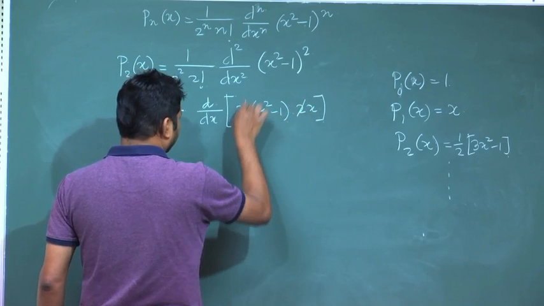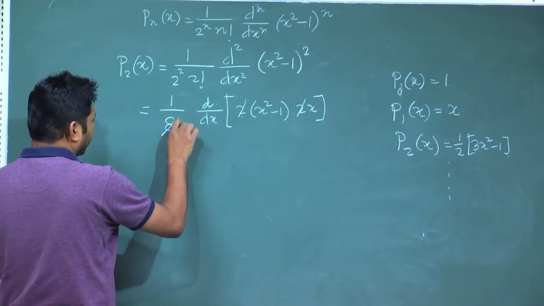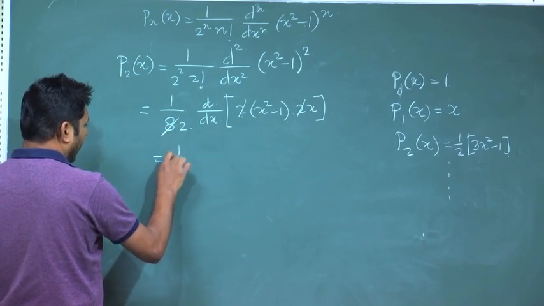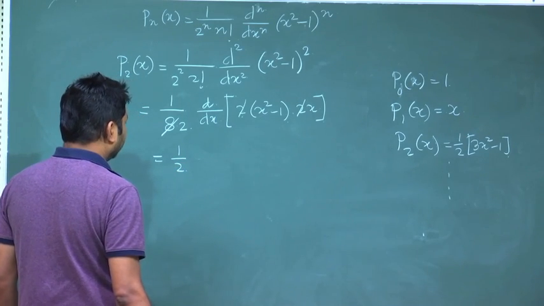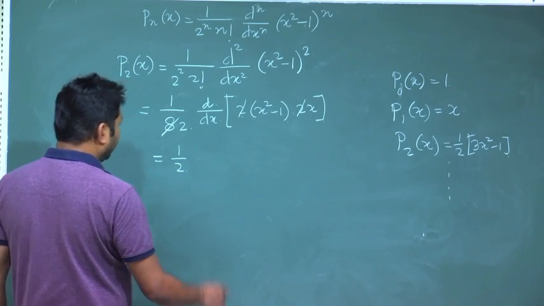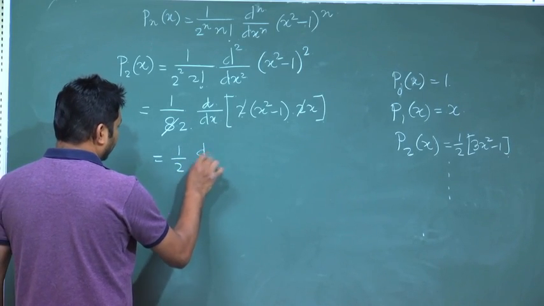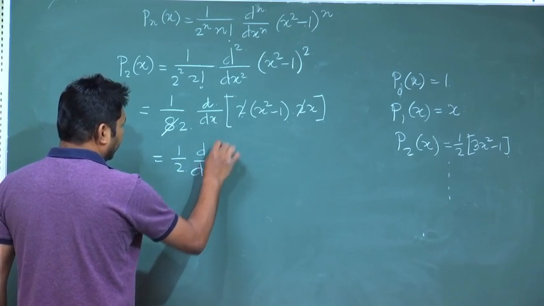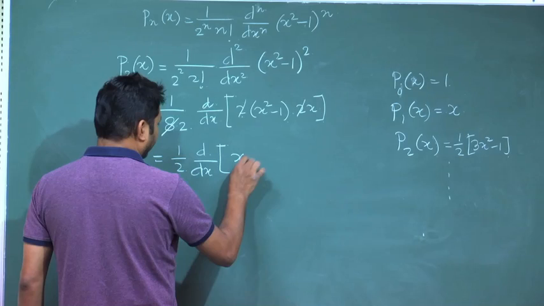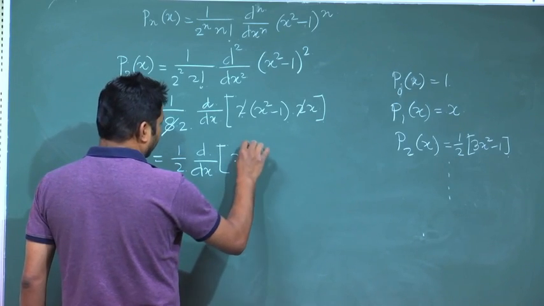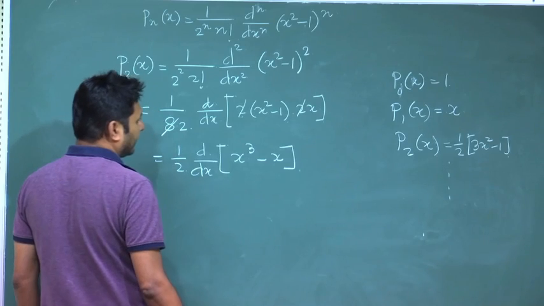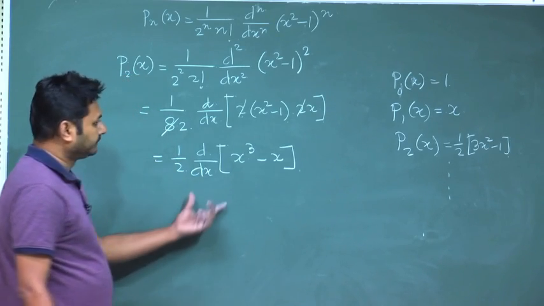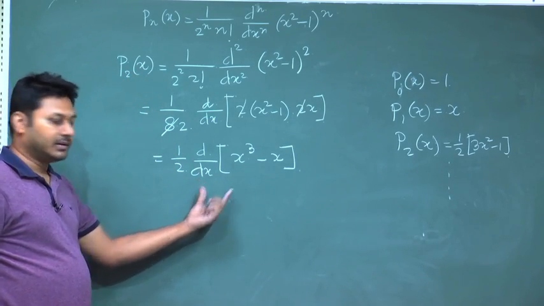So this 2 will cancel out and I will have half d dx of x to the power 4 minus 2x squared plus 1, something like this.